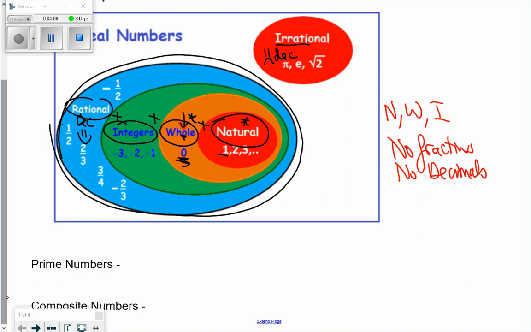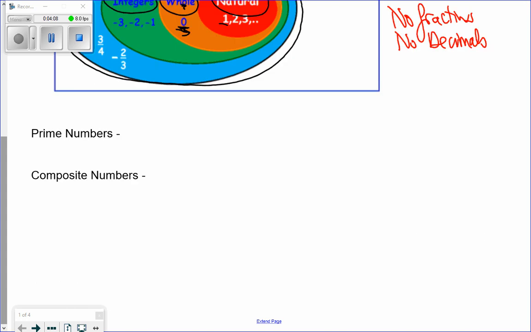Next key takeaway is prime numbers versus composite numbers. Your prime numbers are 2, 3, 5, 7, whoops, not 9, 11, 13, 17, and so forth.